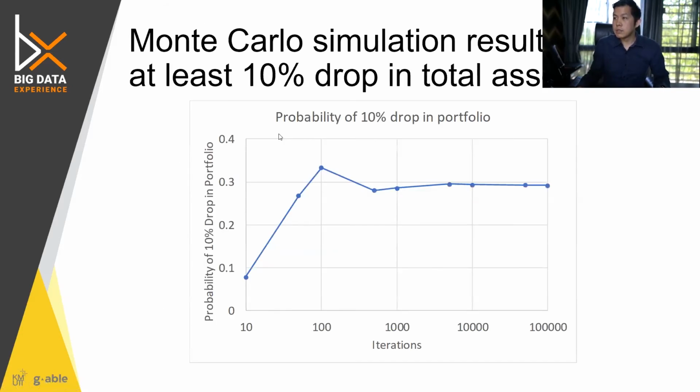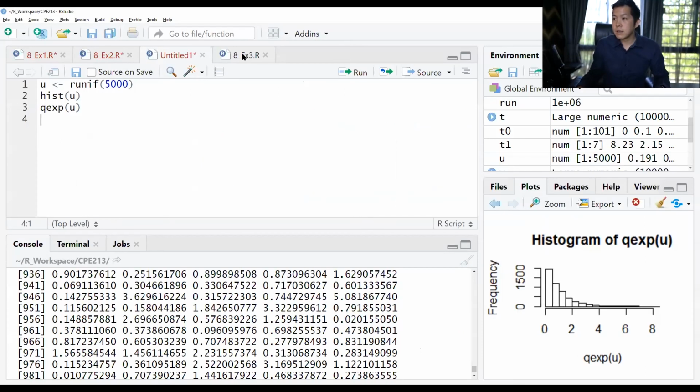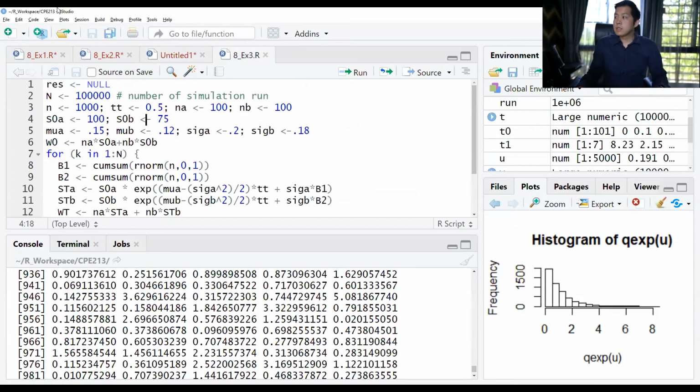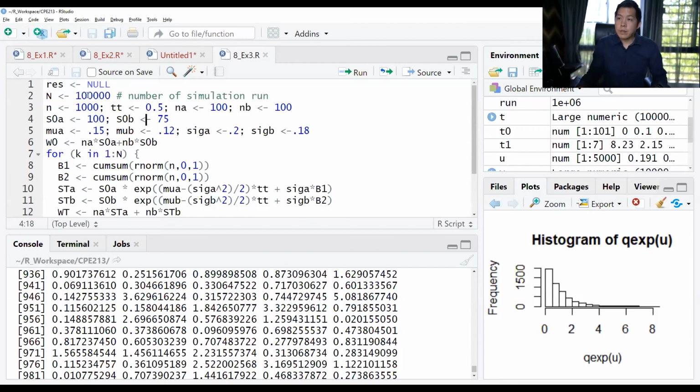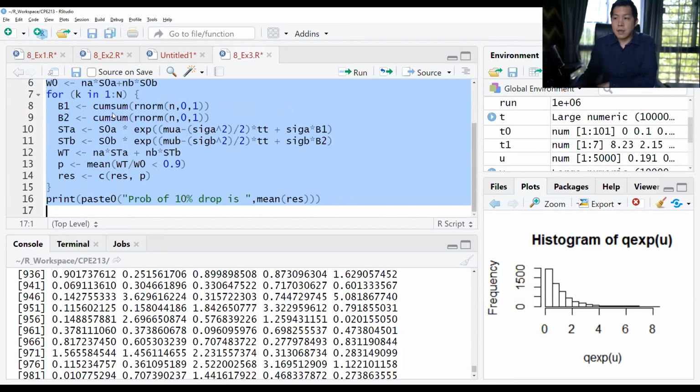So let me share our code for that here. So this is the R code that I explained. Let's start with 10. So this is the strategy to evaluate the drop. Right? We want to know the probability of the 10% drop in the asset.